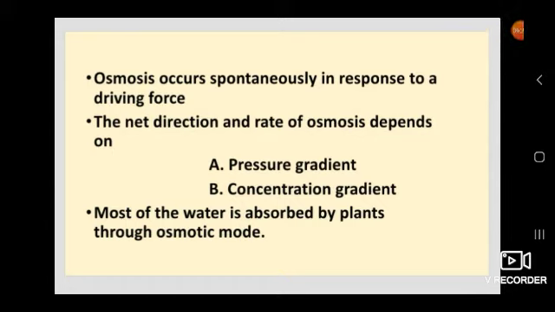Osmosis occurs spontaneously in response to a driving force based on the concentration gradient. The net direction and rate of osmosis depend on two things: the pressure gradient and the concentration gradient.